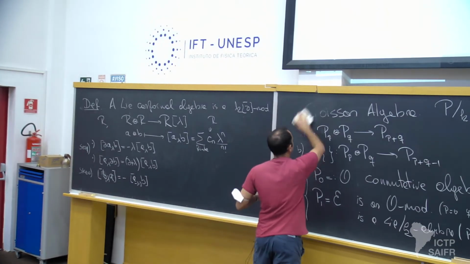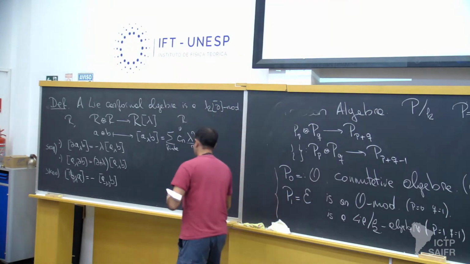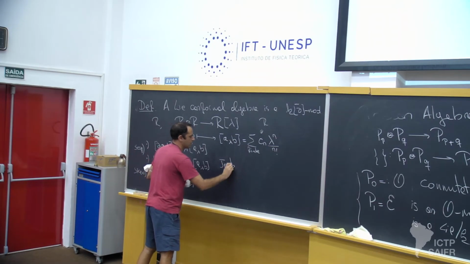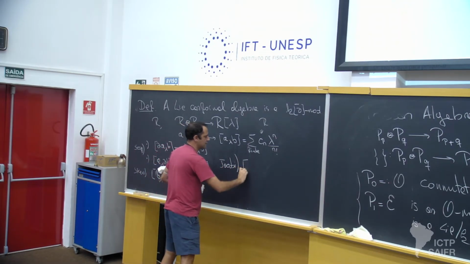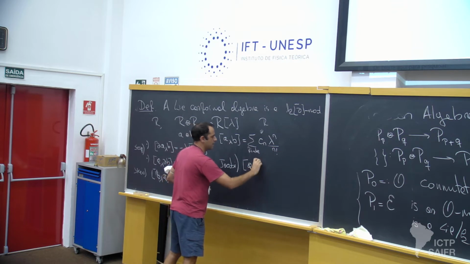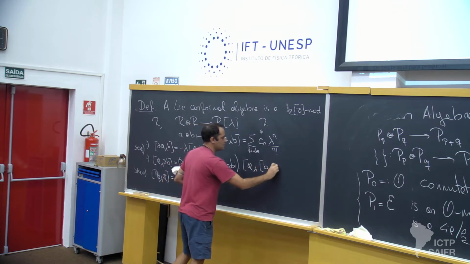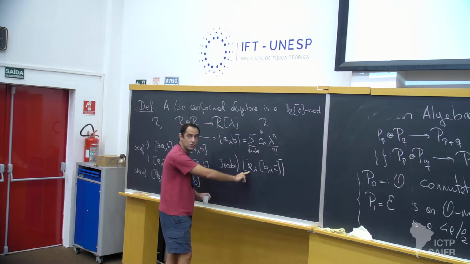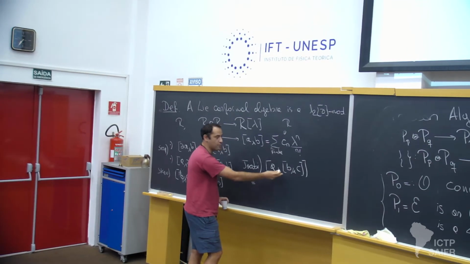And finally, the Jacobi condition. This says that [A_lambda [B_mu C]], well, A lambda something, the bracket by something, the adjoint action should be a derivation of the bracket.